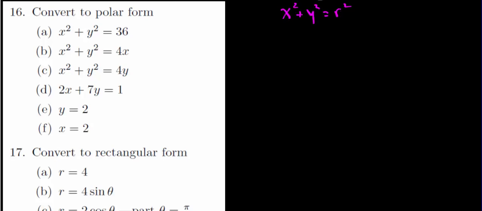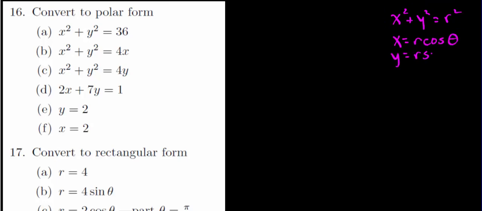We've got x squared plus y squared equals r squared. We've also got x is equal to r cosine theta, y is equal to r sine theta, and tangent theta is equal to y over x.